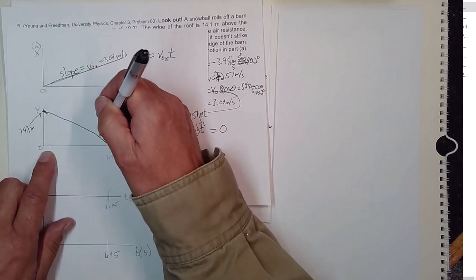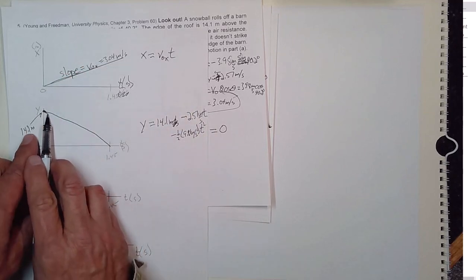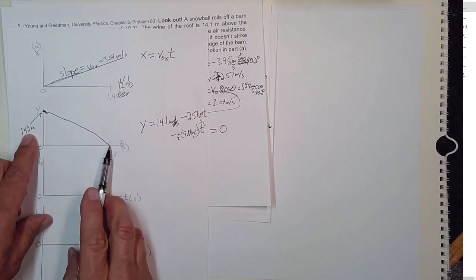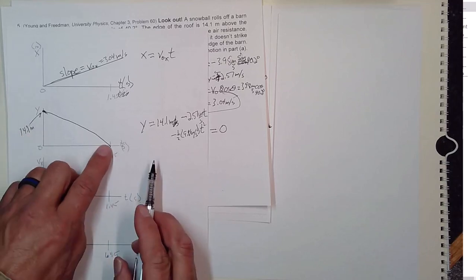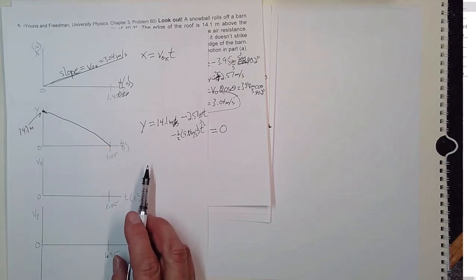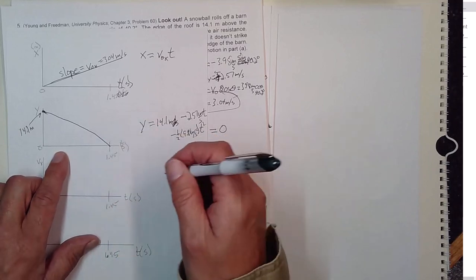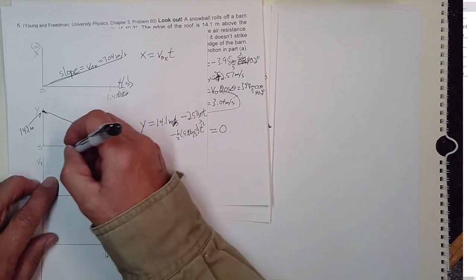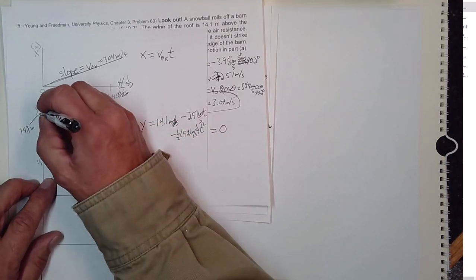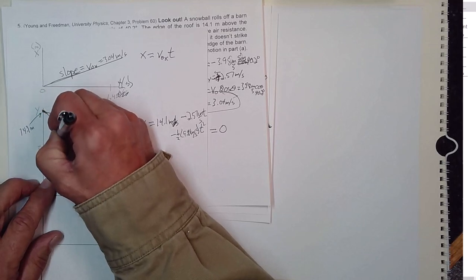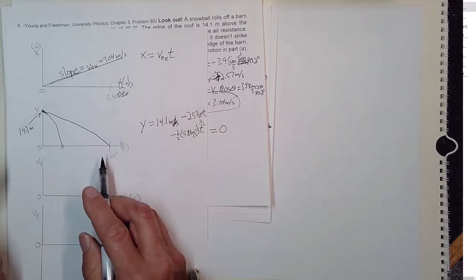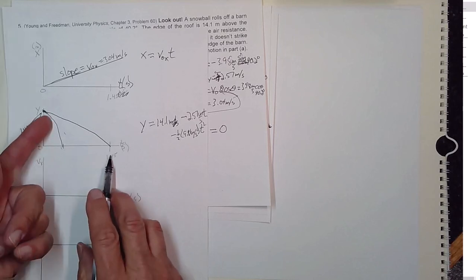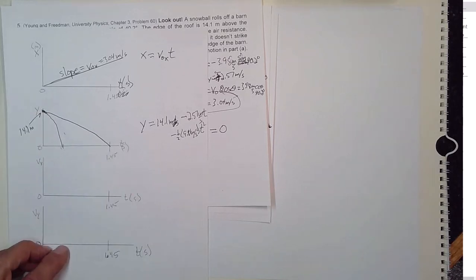I couldn't draw that very well, but this is actually a curve getting steeper. If I'd had a shorter time on here, it would look more like that, but I wanted to show them all being the same, so that's not correct for the value I put on there.